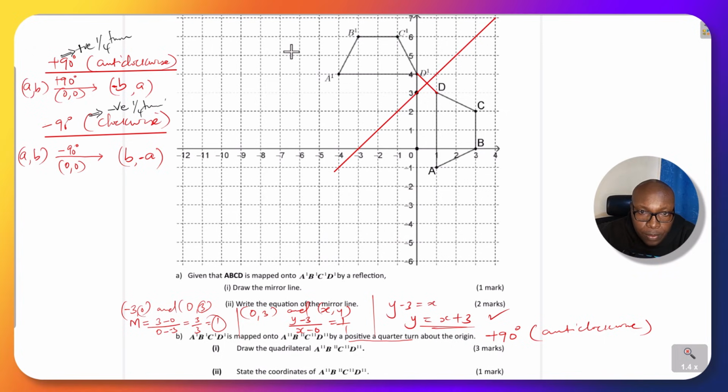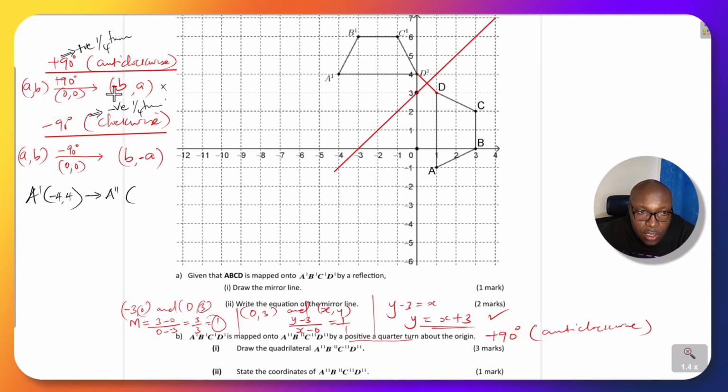So for example, let me start with the first one, A prime. A prime is negative 4, 4. So what will be the image of that?